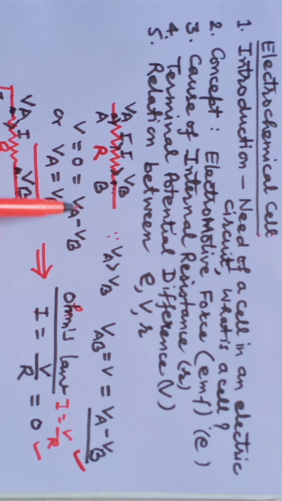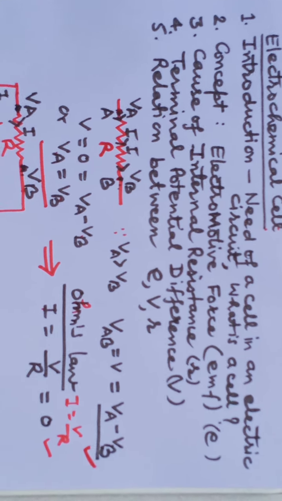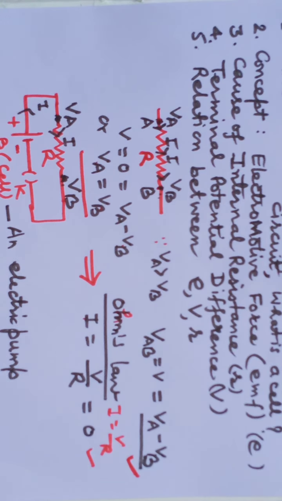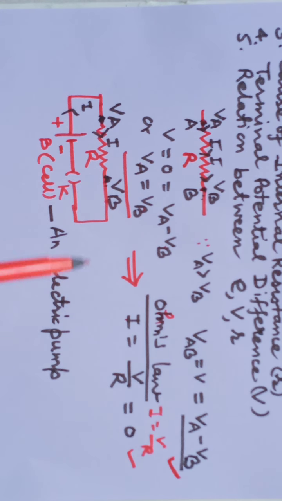As soon as this V becomes 0, which means VA minus VB, that is VA is equal to VB, the current also becomes 0. So to maintain the potential difference at A and B, there is a need of a cell.